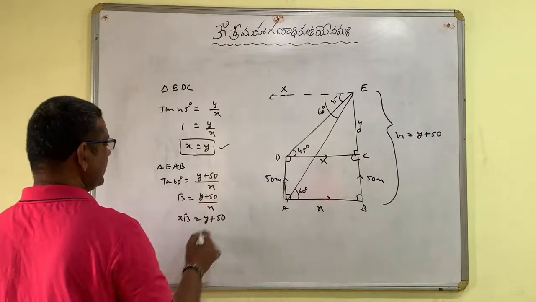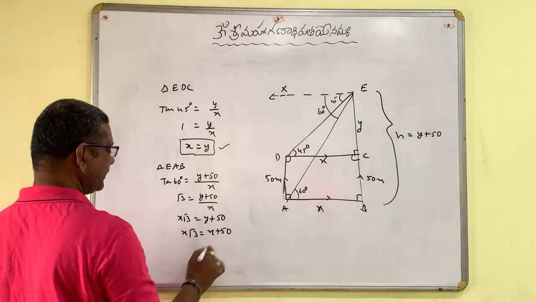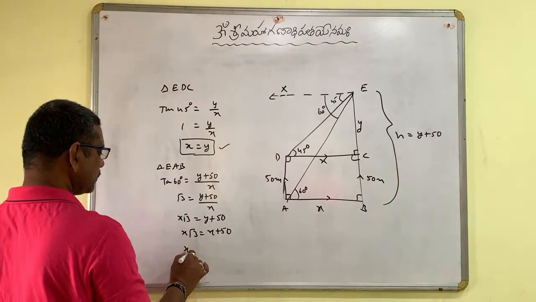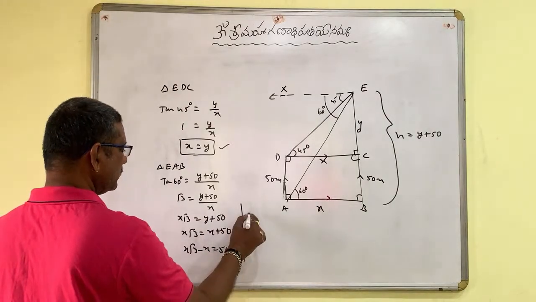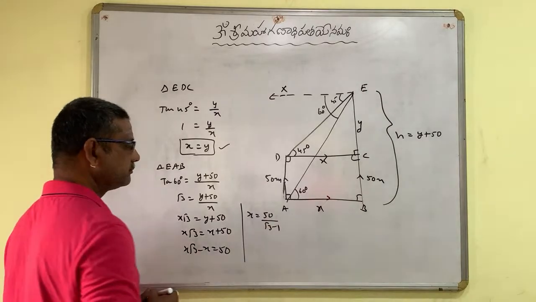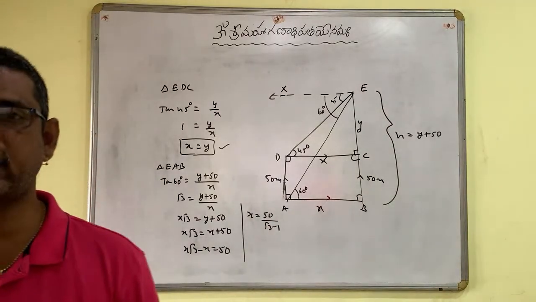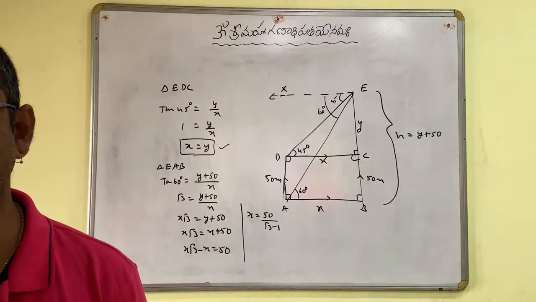But we know that y is the same as x. So x root 3 is equal to x plus 50. x root 3 minus x is equal to 50. Then x is equal to 50 by (root 3 minus 1).